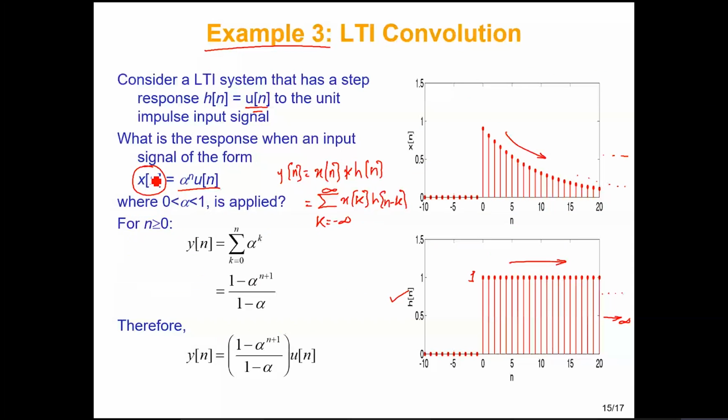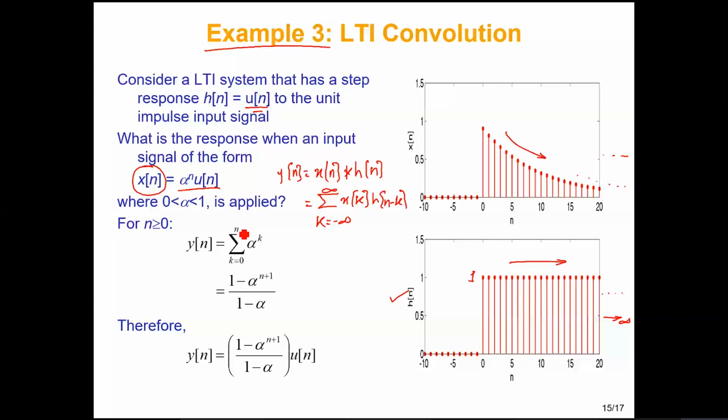So in this example, assuming that all of you are already experts in mathematics, they have just shown h of n and x of n. They plotted your x of n, which was this sort of a signal, plotted h of n, which was your u of n step signal, and then assuming that you already know that y of n is the convolution sum, and you know that the effect of this step signal would be changing the limits, you end up getting k equal to 0 to n alpha raised to power of k.